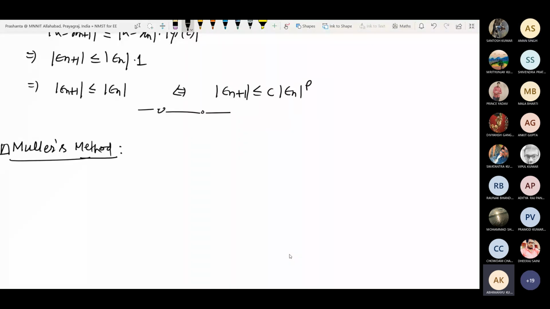The derivation will be a bit lengthy. You do not have to remember the derivation of the formula, you only have to remember the formula. But to understand properly, you must know how we derive the formula, because if I directly write down the formula, you will not get the flavor of how the method works.